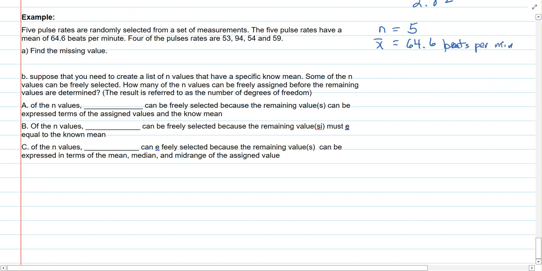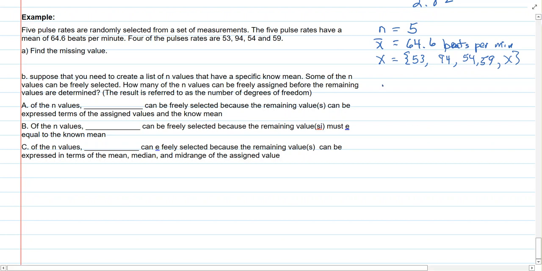And then it says 4 of the pulse rates are 53, 94, 54, and 59, and we're missing one, an X that we don't know. Find the missing value.